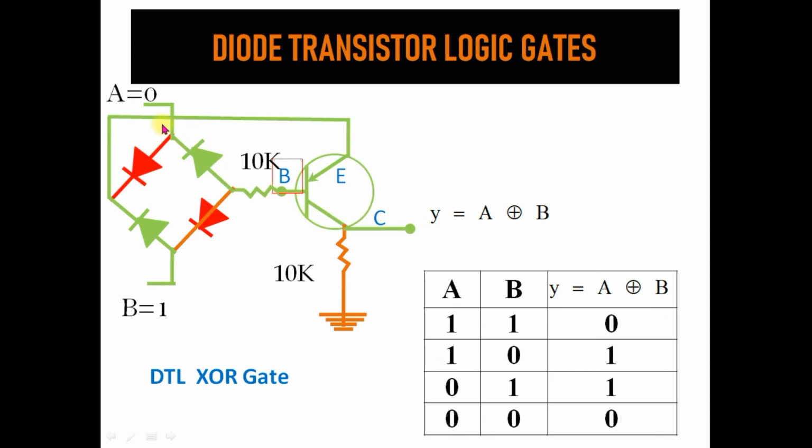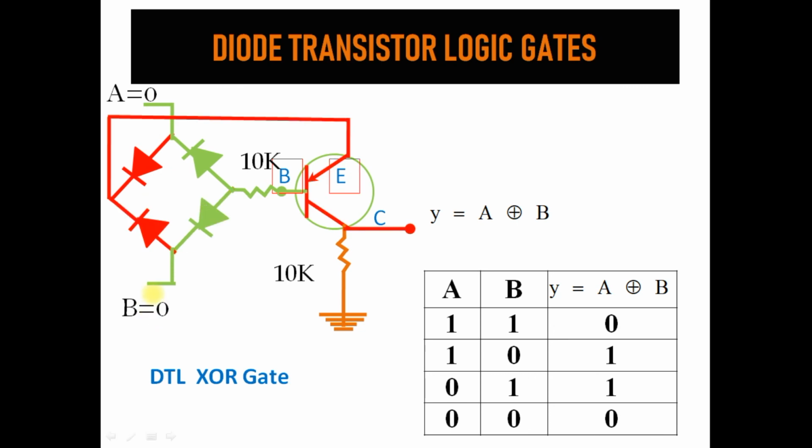If one of the inputs is in the 0 position, that means forward bias, this makes the flow of base current to the transistor, then it makes a complete path for the travel of current or voltage, then the output is present. This is true for A is equal to 1 or B is equal to 0.